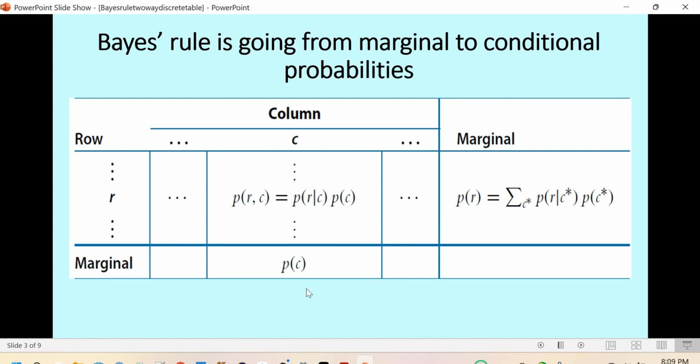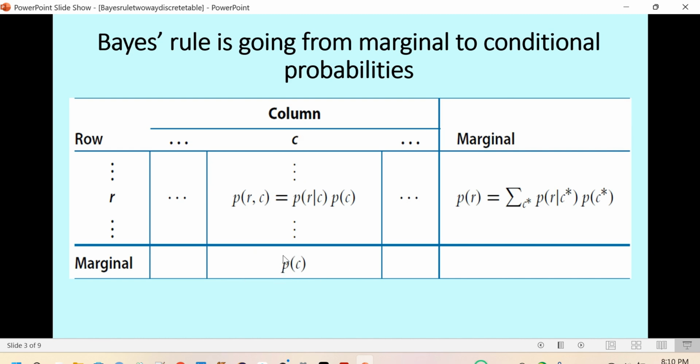This table has rows and columns. The row is R, which is the result from the previous page, and the column is C. For the column C, P(C) is the prior probability, the marginal probability.